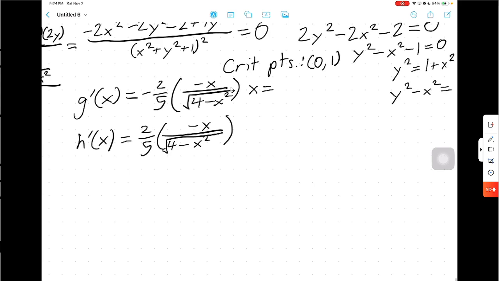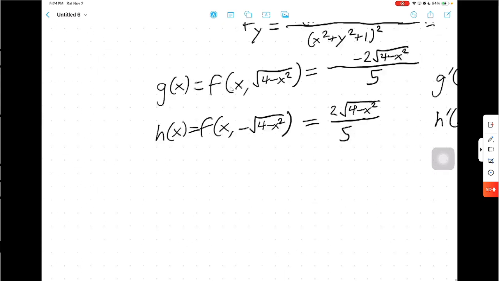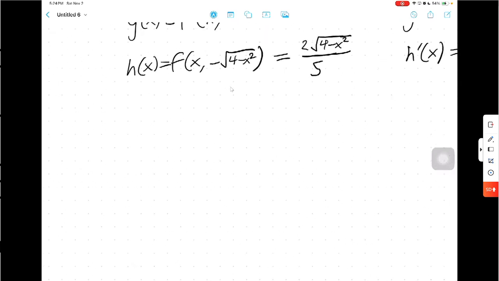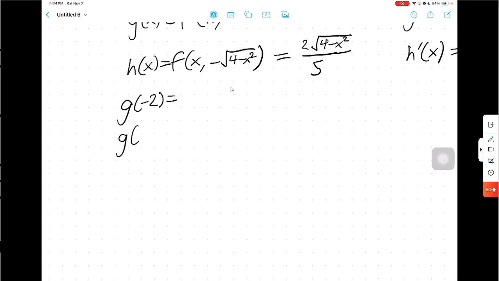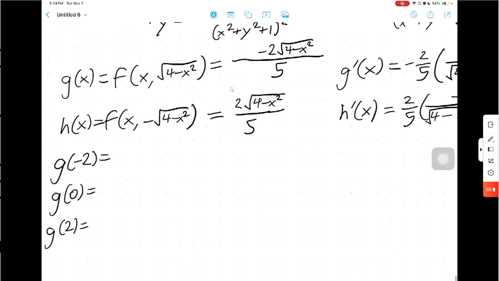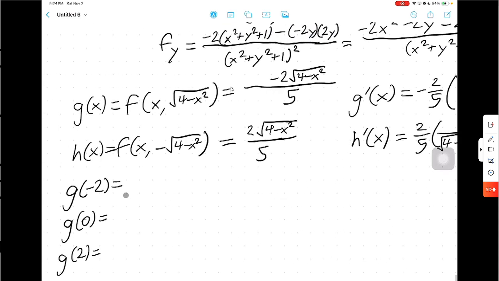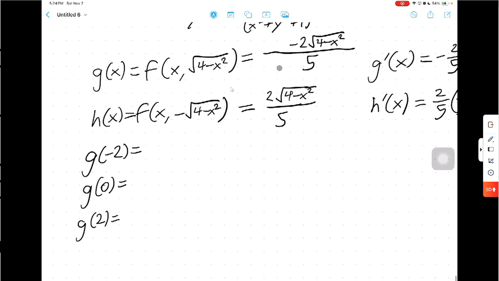These both have critical point x equal to 0. Now at -2 and 2, this is going to be both equal to 0.